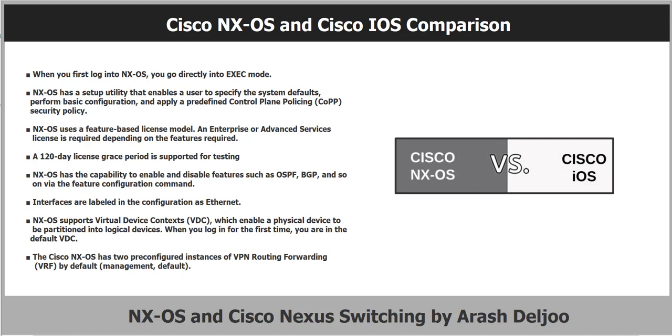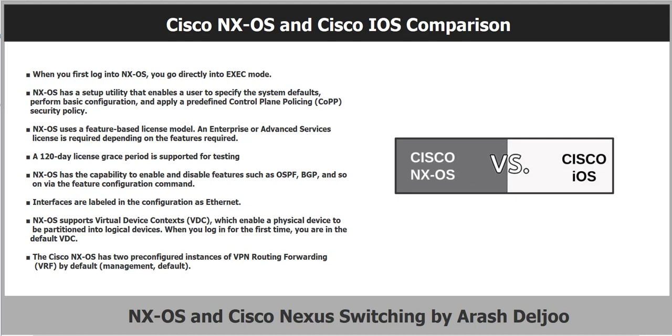But you should know that NX-OS supports virtual device context or VDC, and we are by default in the default VDC. Also, Cisco NX-OS has two preconfigured instances of virtual routing and forwarding or VRF by default. First, management and then default.